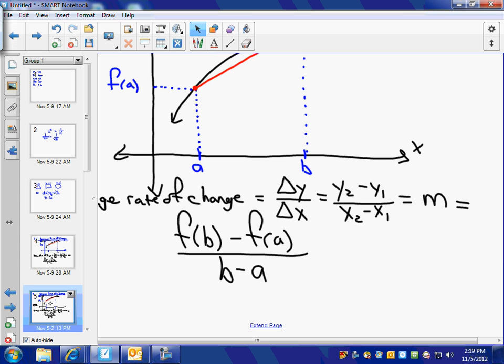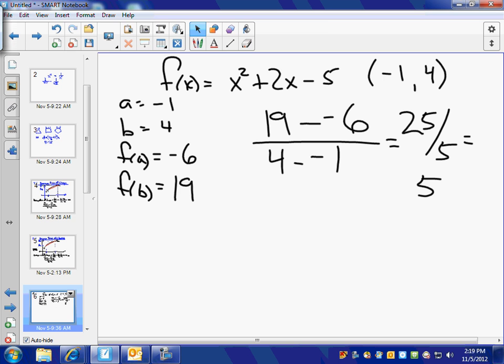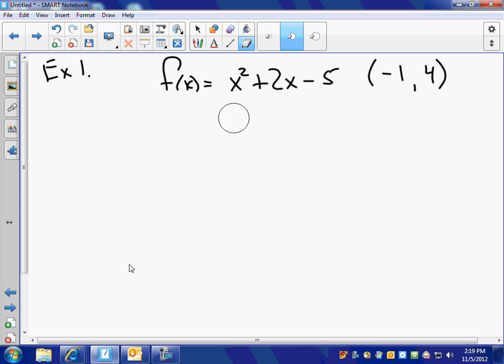Okay. Let's try this problem. Okay, example 1. f of x is x squared plus 2x minus 5, and we're going to find the average rate of change from -1 to 4.